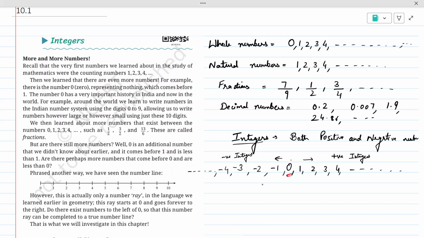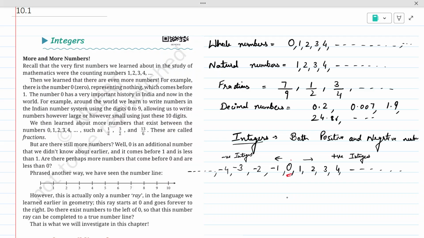Also, the other thing which we have to keep in our mind here is that this whole set is a kind of number line. Okay, so in this number line, any number which is on the right side is always greater than the number which is on the left side. So let us see what that means.